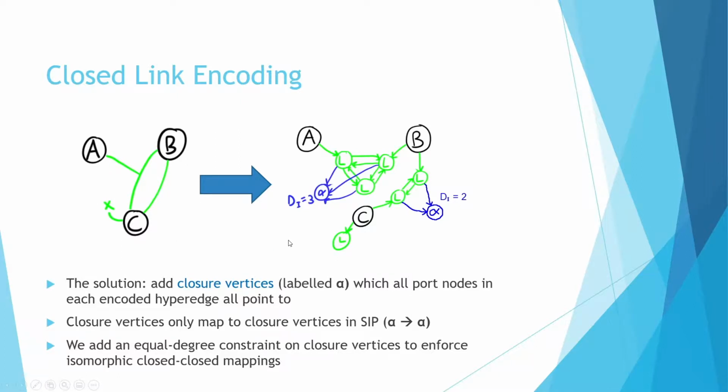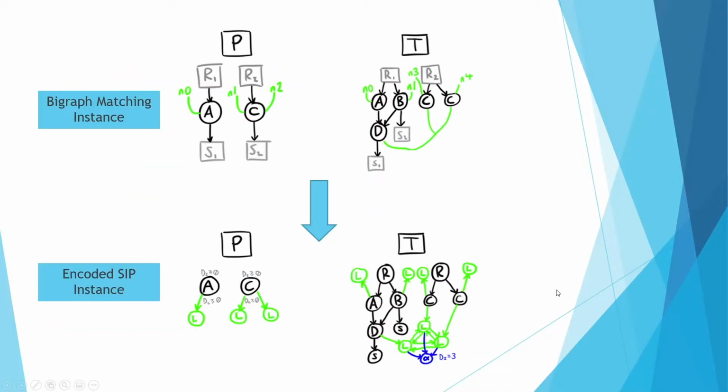We only map closure vertices to closure vertices, and we also add an equal degree constraint on these closure vertices to enforce the rule that closed can map to closed only if they are exactly isomorphic. That ensures that they must be the same size and cardinality and also have the same general adjacencies to their relevant bigraph entities in order for that to be valid.